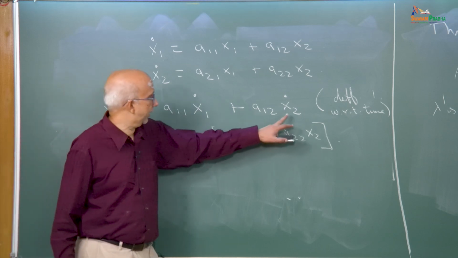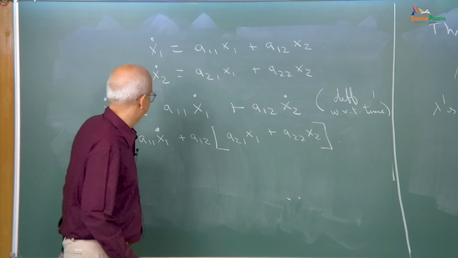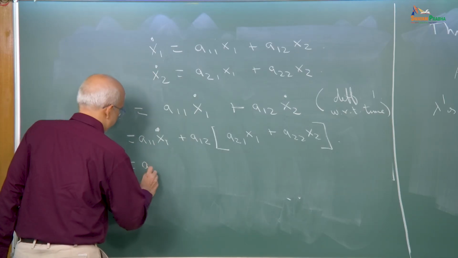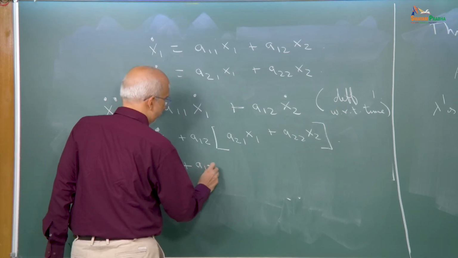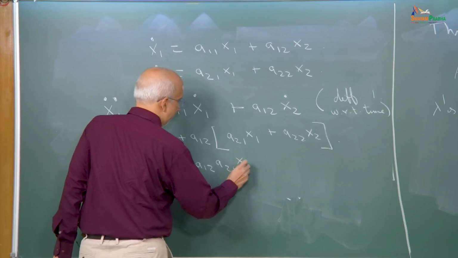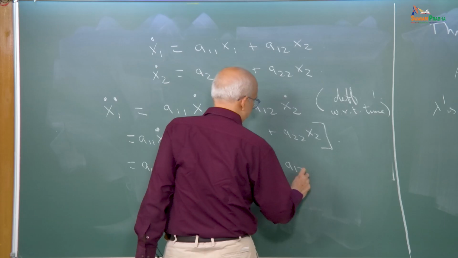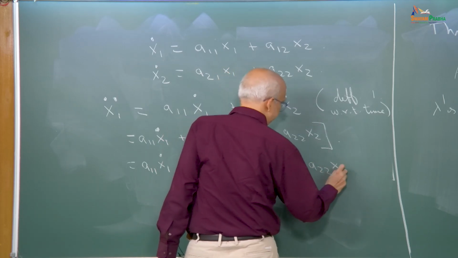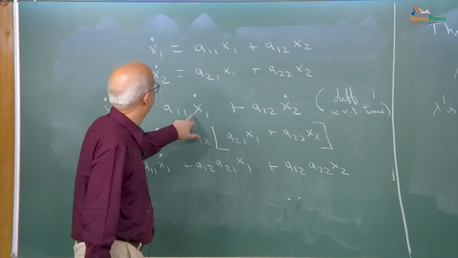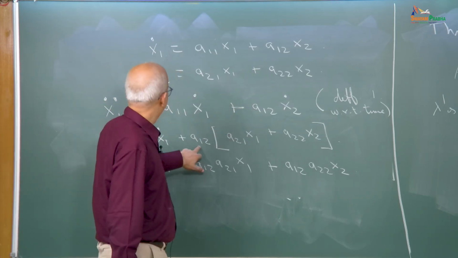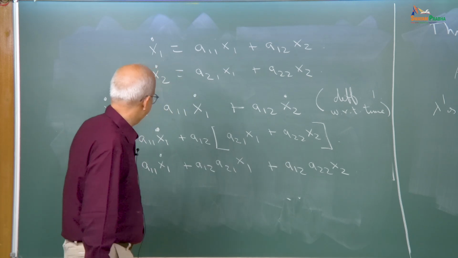What have I done? I have just taken this equation for x2 dot and substituted it here, and this becomes A11 x1 dot plus A12 A21 x1 plus A12 A22 x2. A12 x2 dot is A21 x1 plus A22 x2. Yeah, must be right. Let us move on.